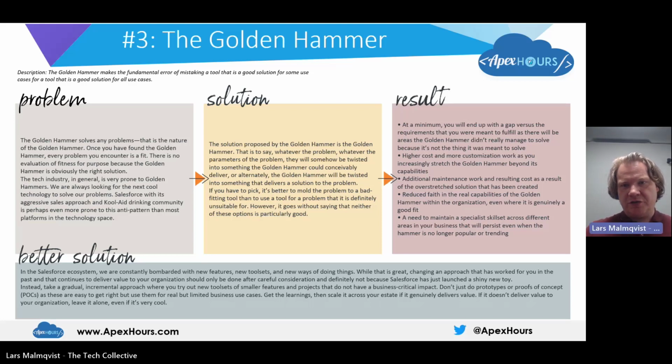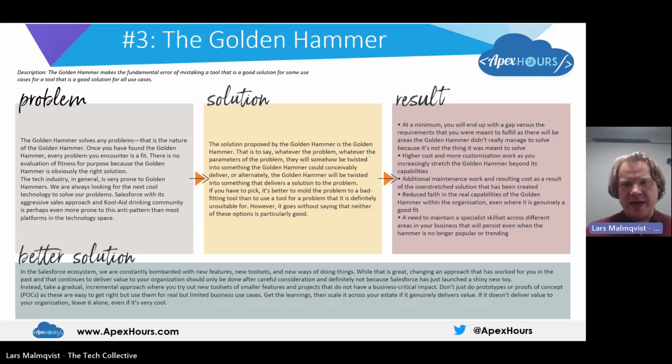And then once you've got the learning and you know where the tool does and does not fit, then you might scale it to larger use cases. That will almost certainly prevent a golden hammer situation, because you will not make a decision about rolling out a tool before you actually know exactly where it does and doesn't fit.